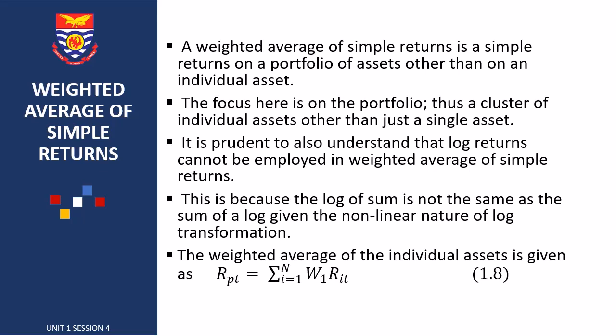So let's say we have stocks, bonds, and other financial assets in a portfolio. We assign to them weights based on the level of investment in that asset, making up the portfolio.